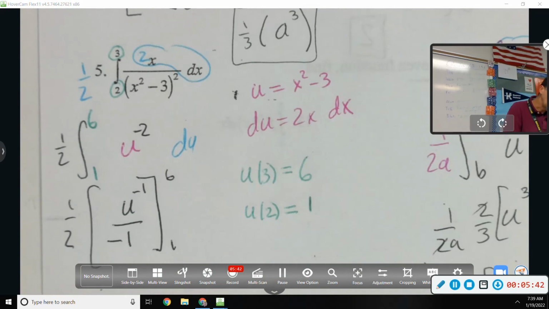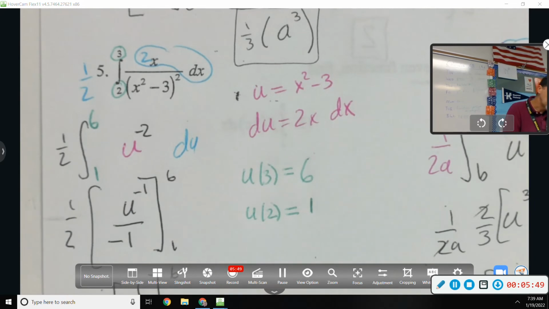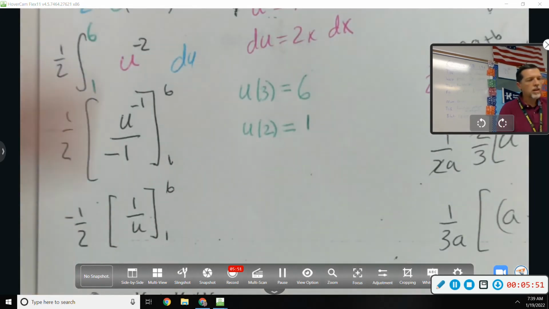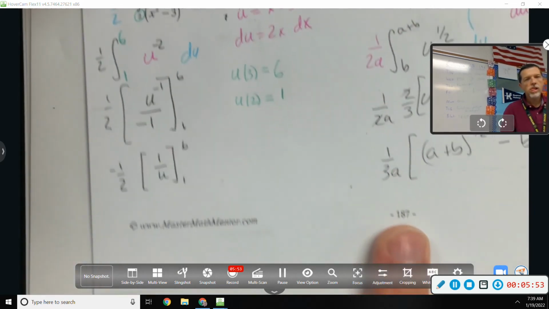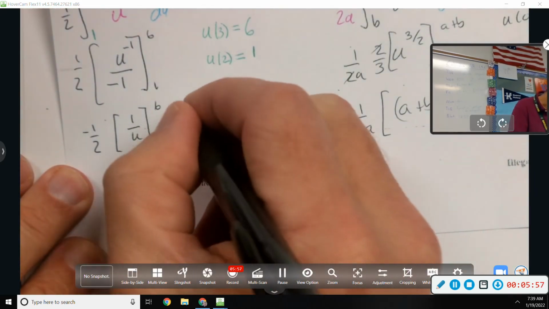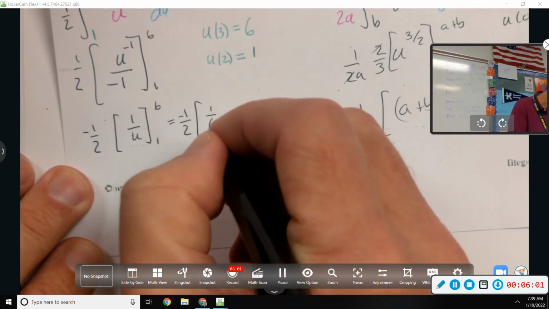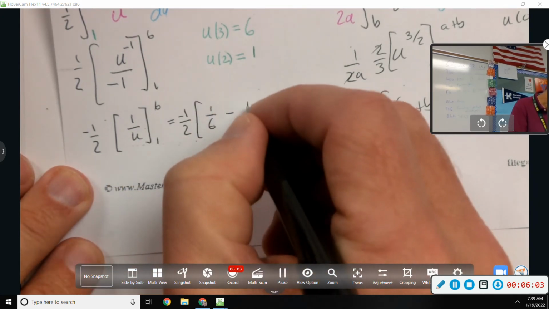So I'm going to put negative 1/2 out front and rewrite that as 1 over u from 1 to 6. So that's negative 1/2 times plug in the top minus plug in the bottom.